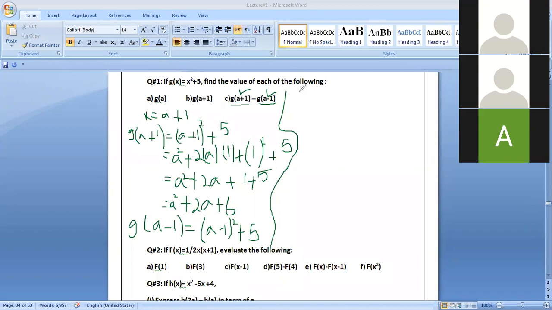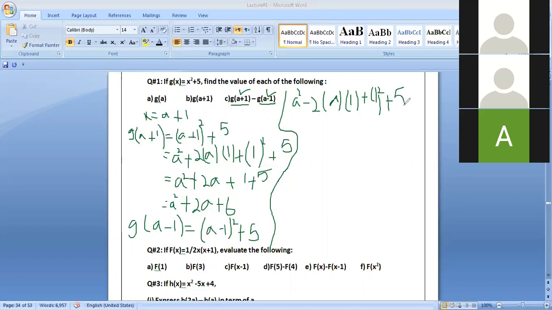So (a-1) will also be opened with the help of the formula (a-b) whole square, which opens like a square minus 2ab plus b square. This is the formula of (a-b) whole square. And b square and plus 5.